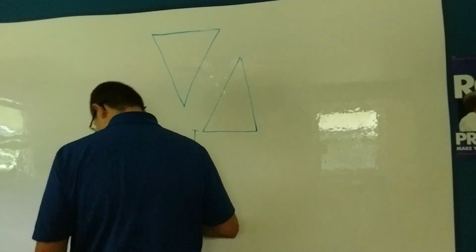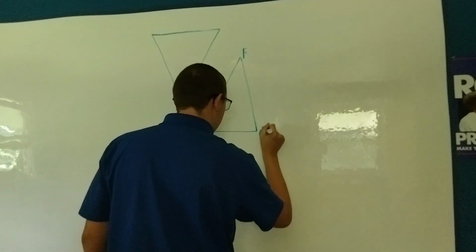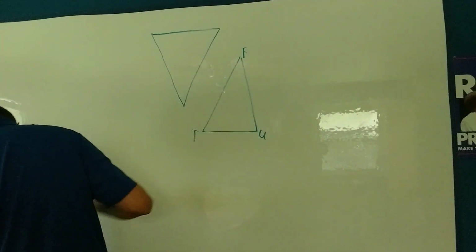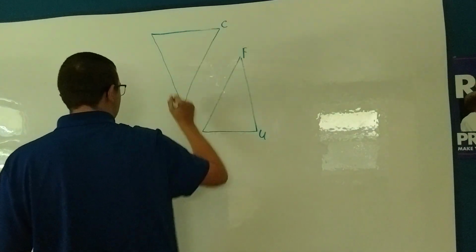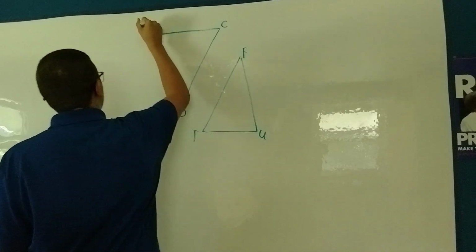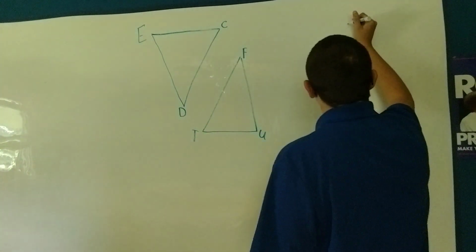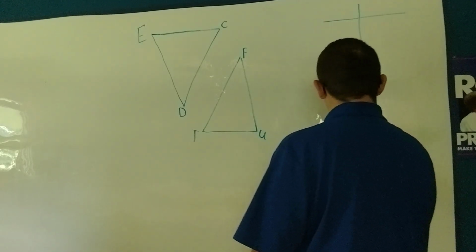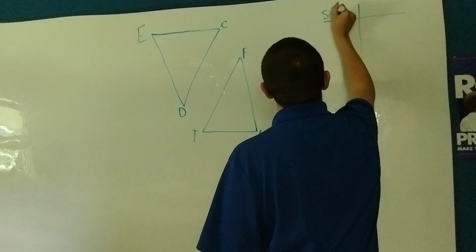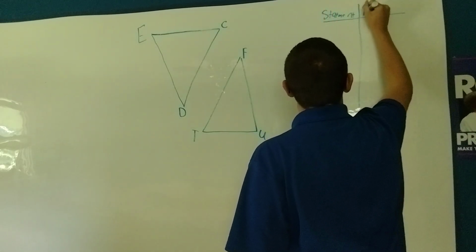We'll call this TFU. And then this up here is CDE. And then I'll draw our two column proof up here with our statement and reason.